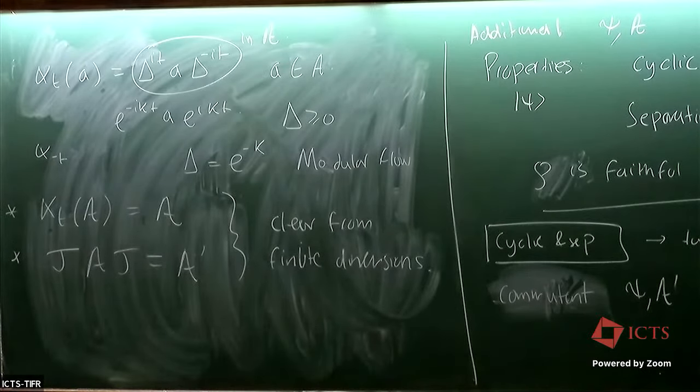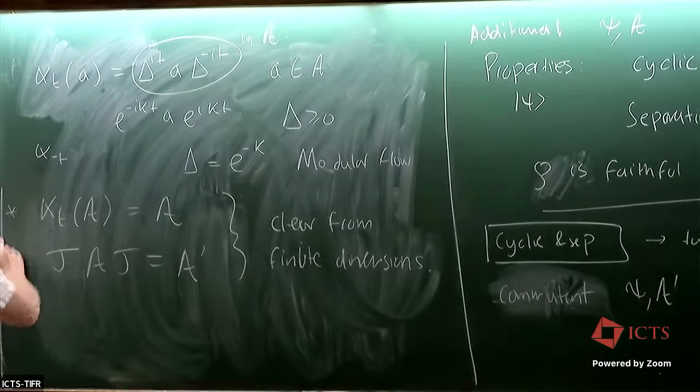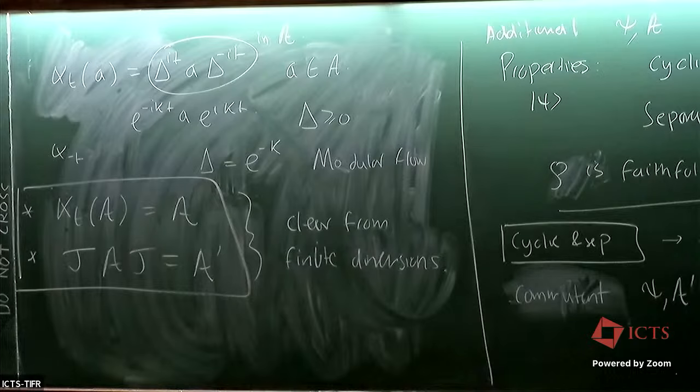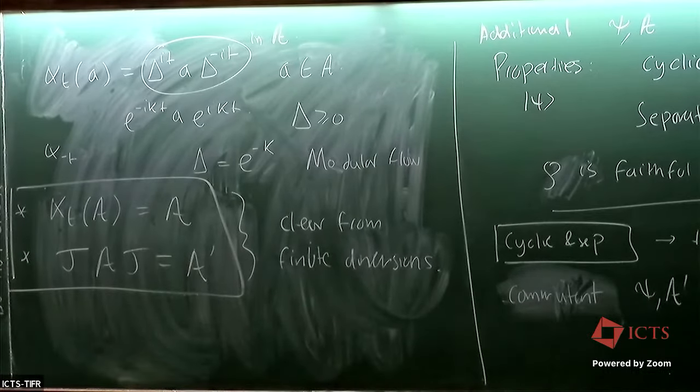All right. So questions about this? This is kind of like the fundamental theorem of Tomita-Takesaki theory, which is modular theory. So this is the fundamental theory of modular. Often complex analysis is used for this.